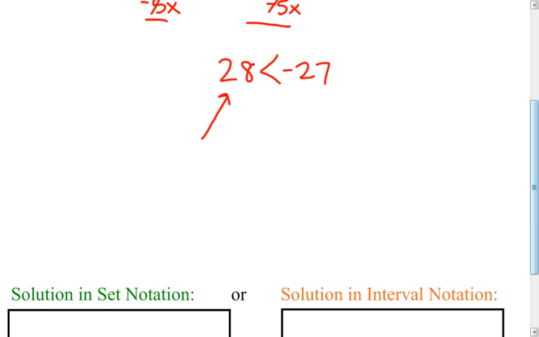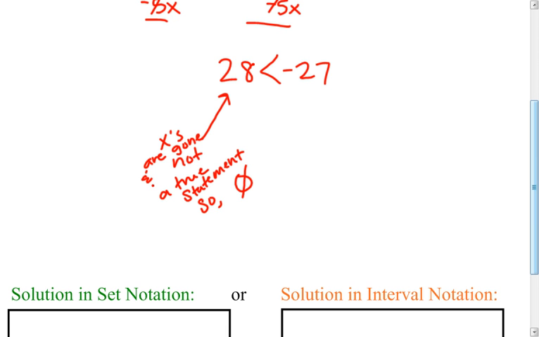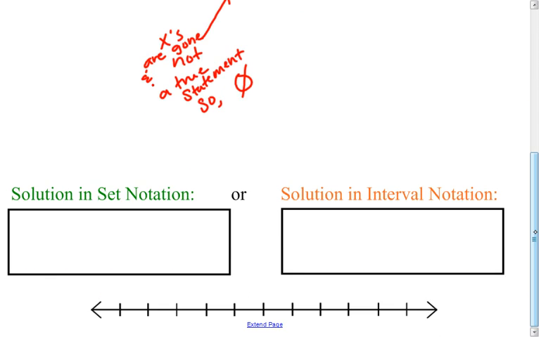So, because this is not a true statement, x's are gone and not a true statement. So the answer is actually no solution. There is not a solution here. There is not a number I can graph and anything to shade. Your answer simply is no solution.